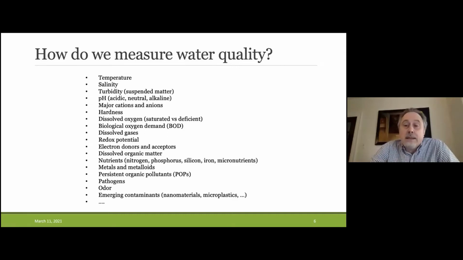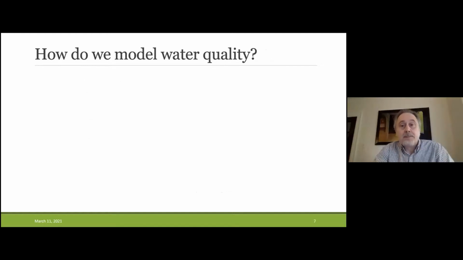That obviously also points to the problem of saying, well, we are water quality modelers. Well, what kind of variables are you considering? Obviously there's no water quality model in the world that will simulate all these different variables.